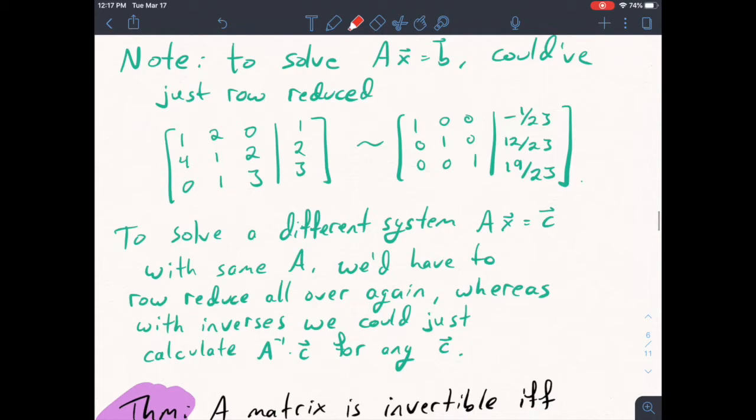So what you want to do instead is use the inverse matrix, because then you can just solve it immediately by doing matrix multiplication, because the answer to Ax is equal to C for any C is just going to be X is equal to A inverse times C. Doesn't matter what C is. You just always have A inverse times C as your answer. Once you have the inverse matrix, it's really easy to repeatedly do this process.